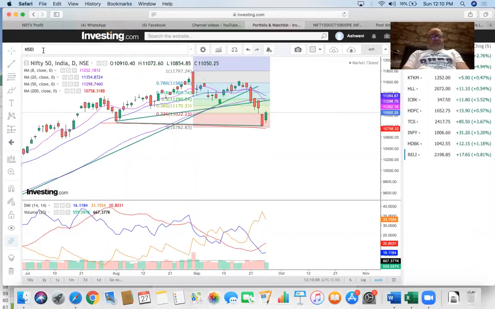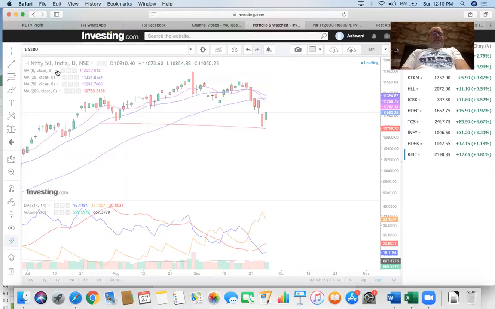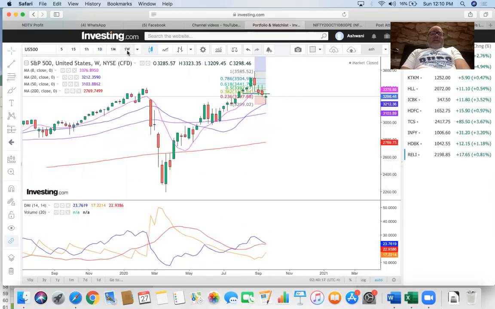Similar charts on the S&P. I don't think we discussed the weekly chart there. 4 weeks down, and again, there has been a pullback, but nothing significant.